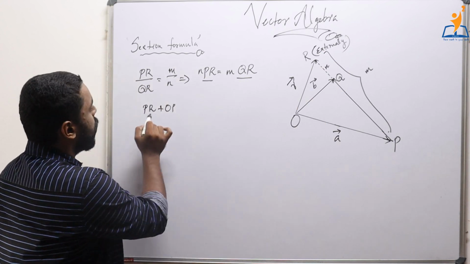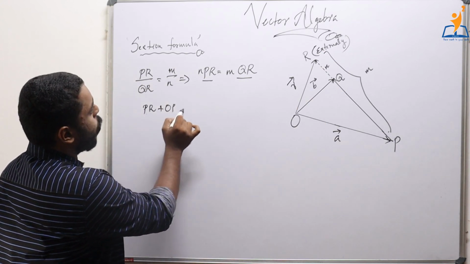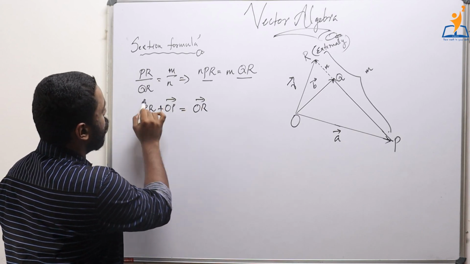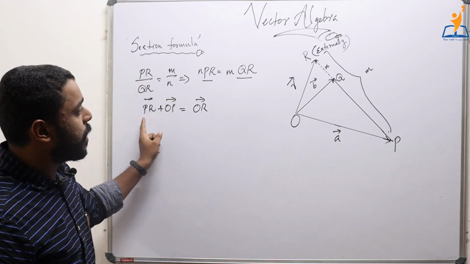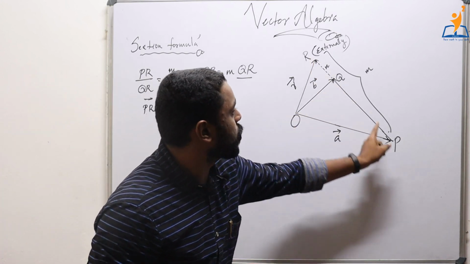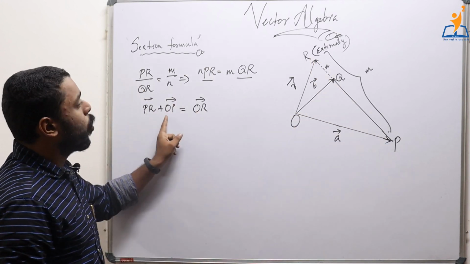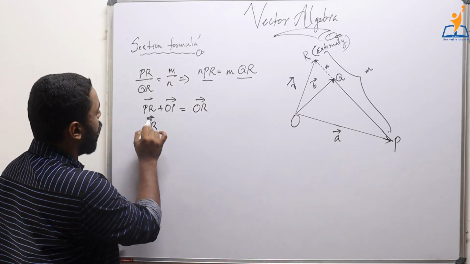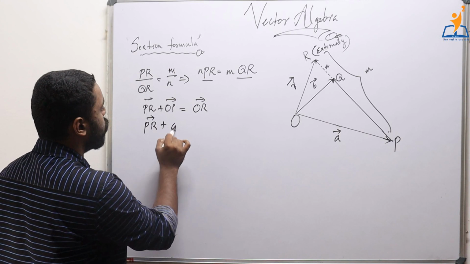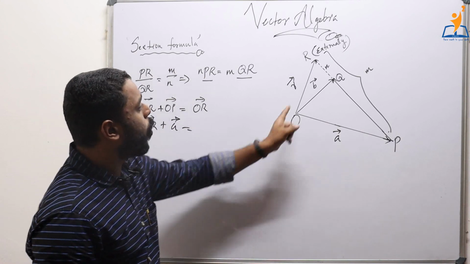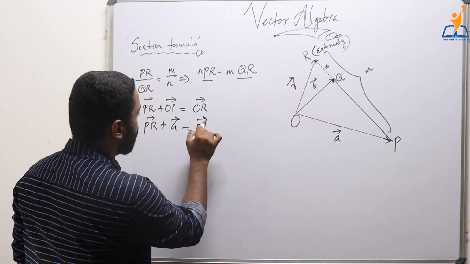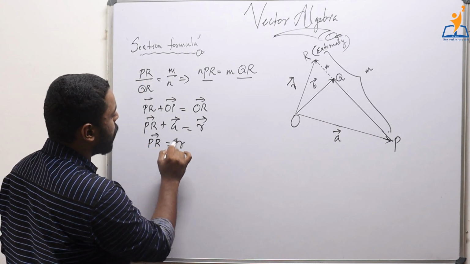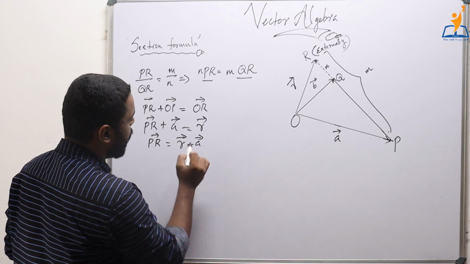So we have OP plus PR is nothing but vector OR. Now we can name these terms accordingly. PR is our original vector, let it be there. OP is the position vector, vector A. OR is nothing but vector R. So we have PR as R minus vector A.